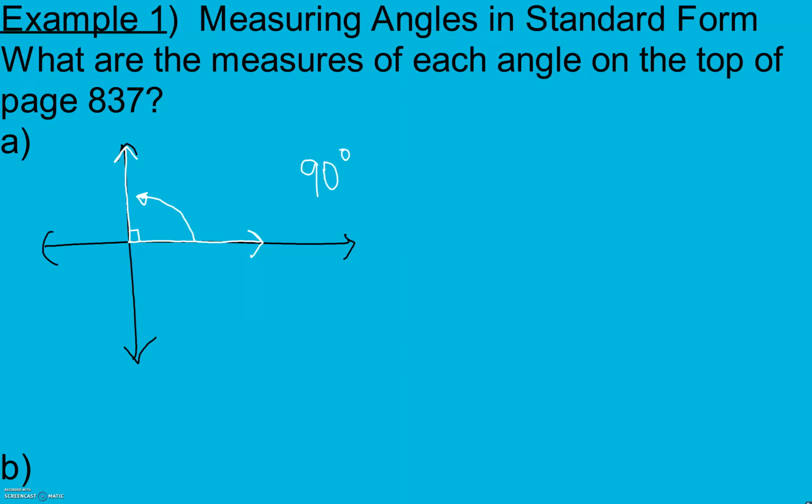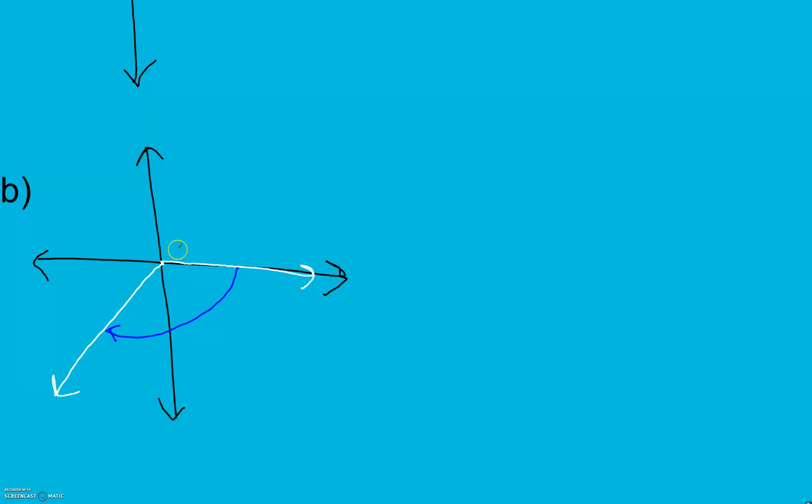B here looks something kind of like this. Pretend that my axis is straight here. And my angle is like this. It also tells me that the point right here is at -2, -2.